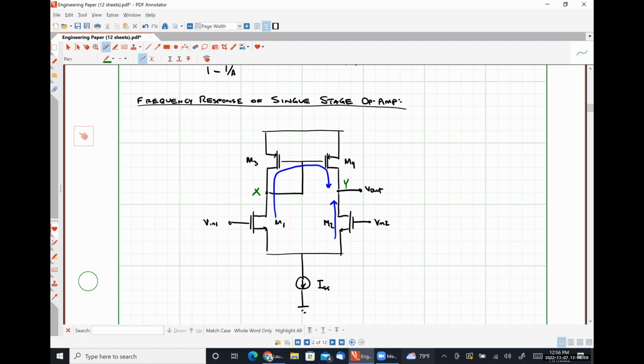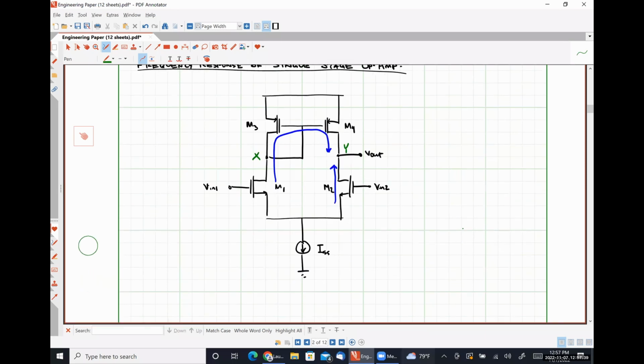The diode connected transistor M3 is going to contribute some resistance that's seen by our input signal VN1 that in turn influences the voltage that appears at node X. Because the voltage that appears at node X controls the amount of current that is being sourced by M4, that effectively characterizes that topmost signal path. And then we just look at the bottom signal path from VN2, and we're effectively done, okay?